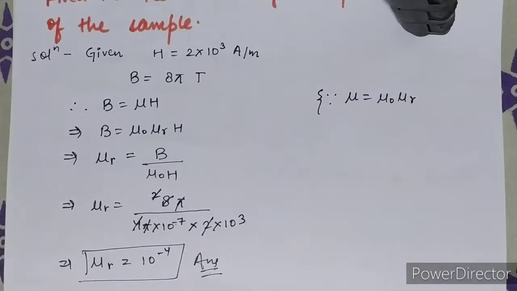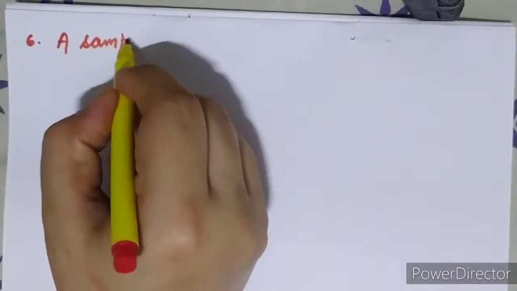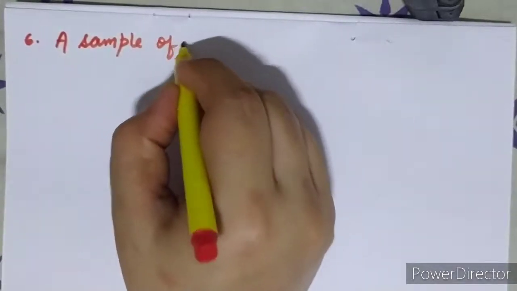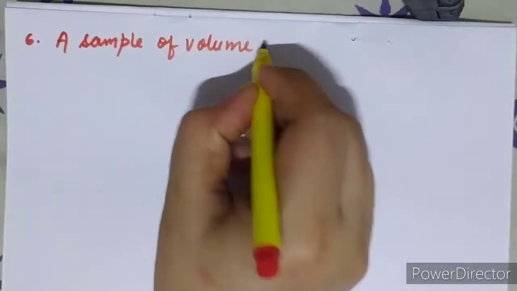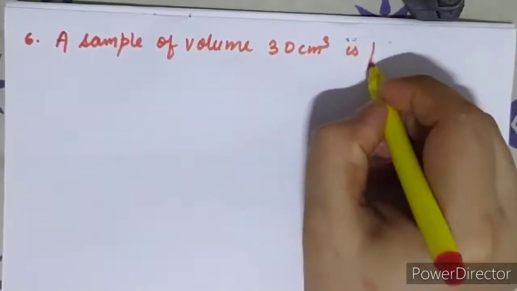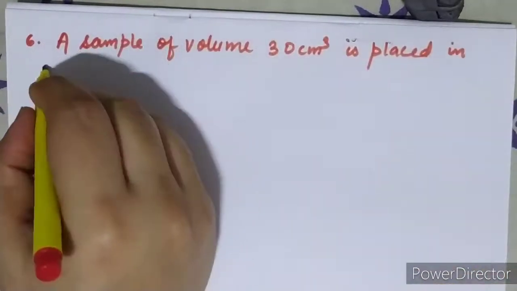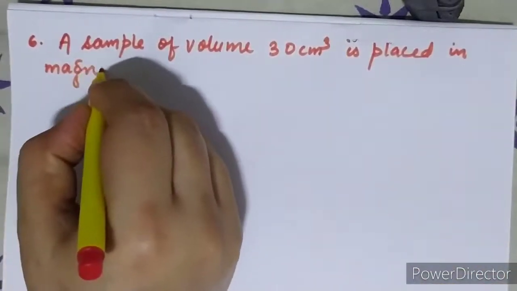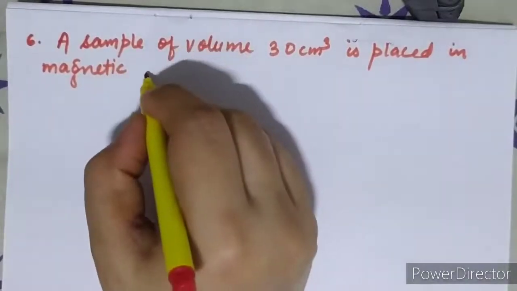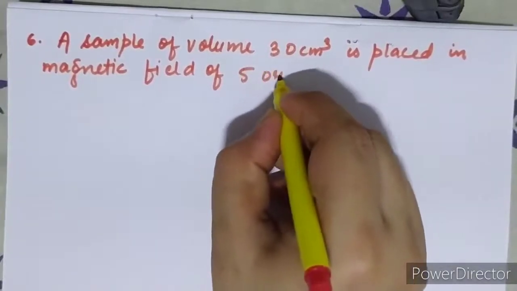Now moving toward our next question, question number 6. A sample of volume 30 centimeter cube is placed in a magnetic field of 5 oersted.